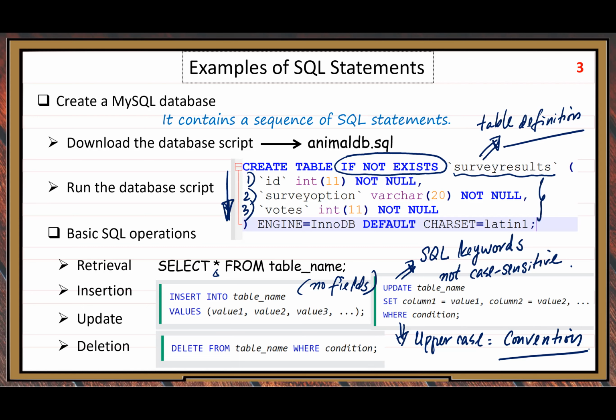And another reason people use uppercase is that you can separate SQL keywords from other non-keyword pieces. For example, table name is not a keyword, right? Table names, values, field names, those things are not keywords.